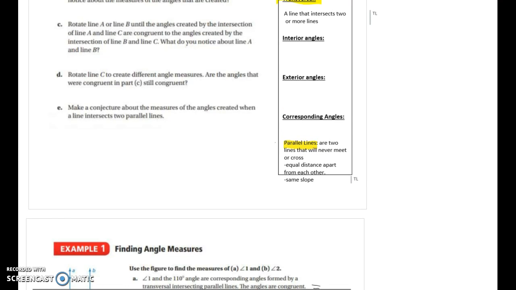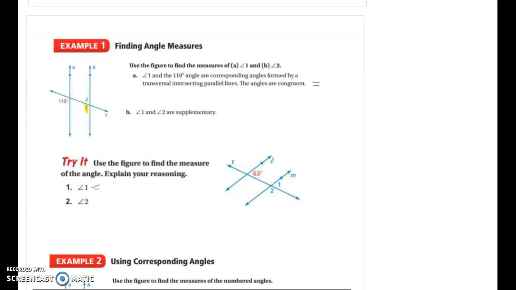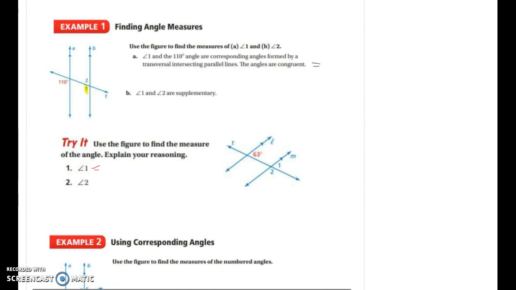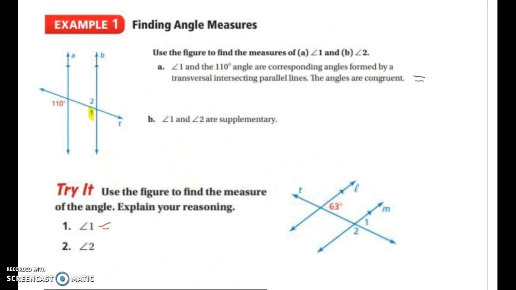So we're actually going to skip all of the exploration and go down here to finding angle measures. When we're looking at two parallel lines cut by a transversal, there's a couple things that you need to know about this image. First, where the numbers are, those are the angles that we don't know the measurement of.